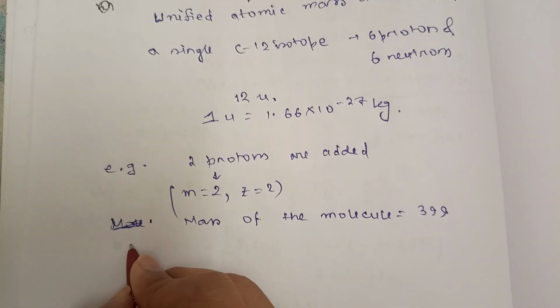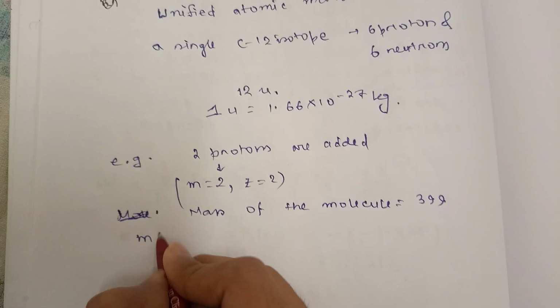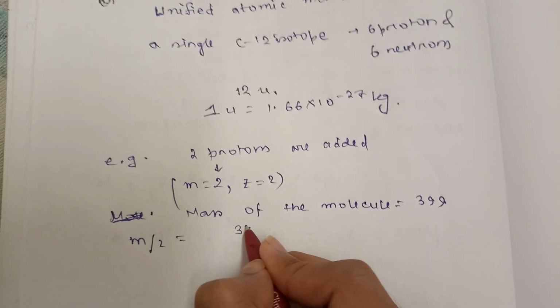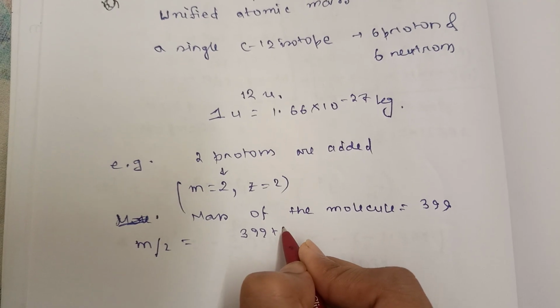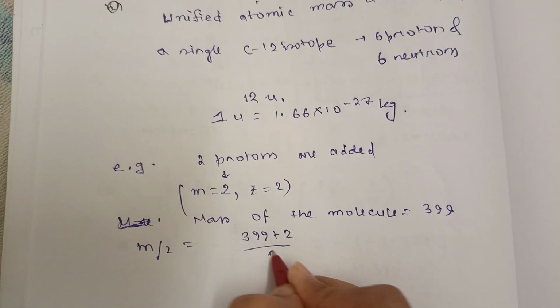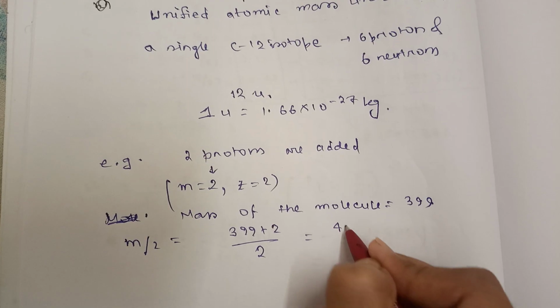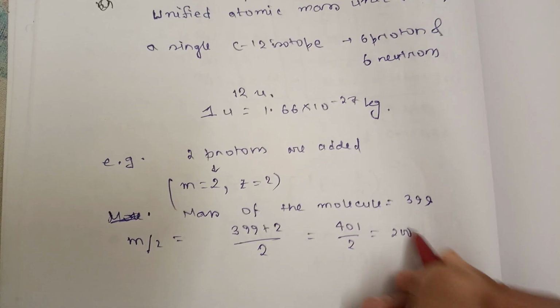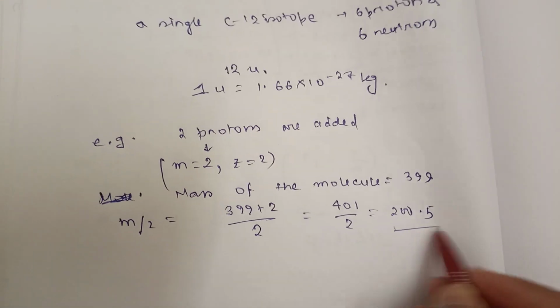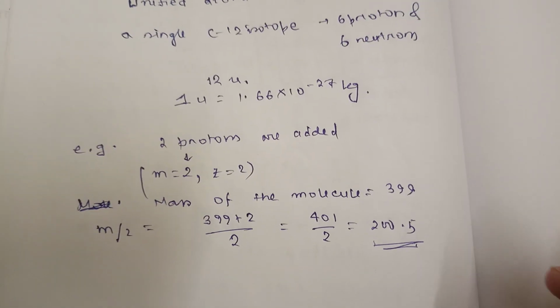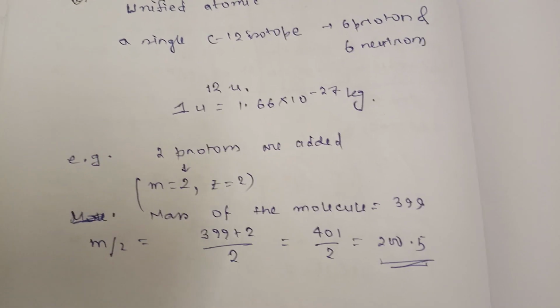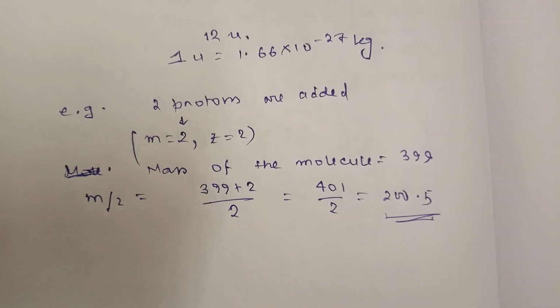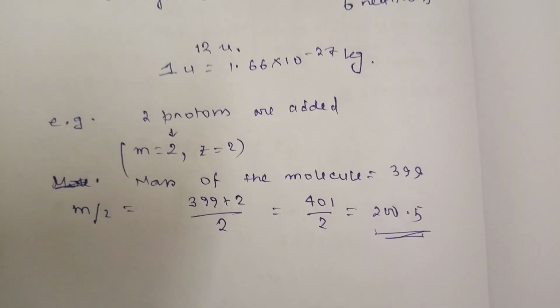So now the m by z will be 399 by 2 plus 2 by 2. So that will be 401 by 2. So we can get this type of values, and from that we can get the mass of that unknown compound.